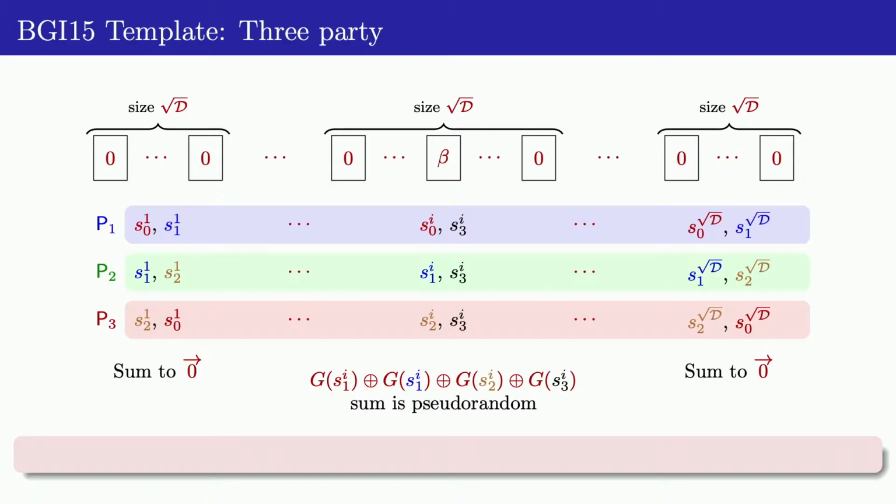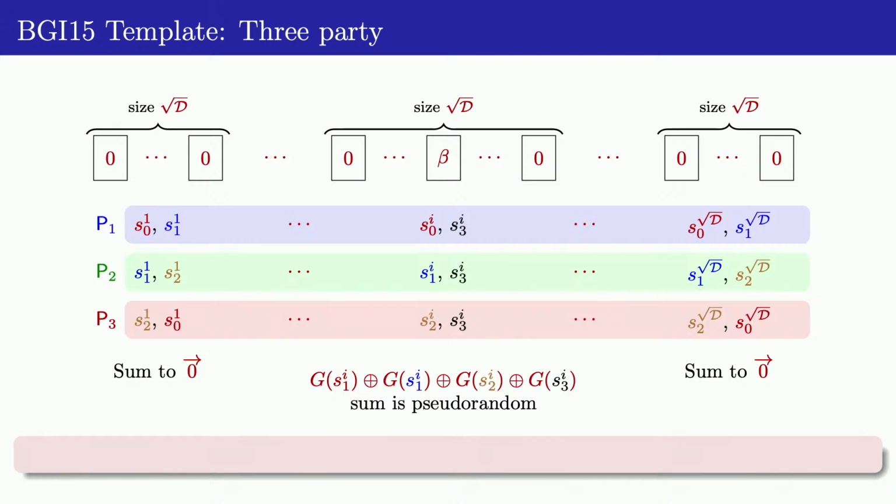Now, there's one thing that I haven't talked about: why is it okay to use two different ways to share this seed? One way for the non-special chunk, the other way for the special chunk. The reason is that if you corrupt parties P1 and P2 and look at the seeds that you get, it's actually the same distribution. Basically, you get one seed twice.